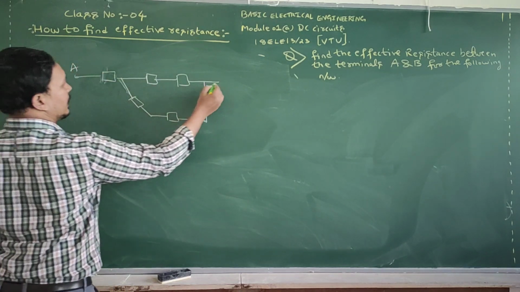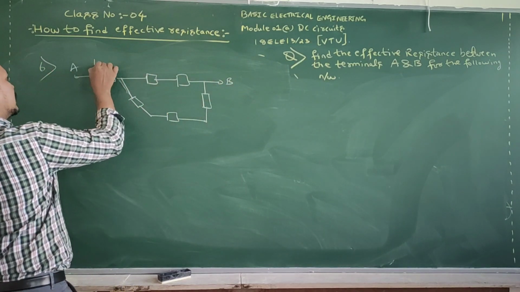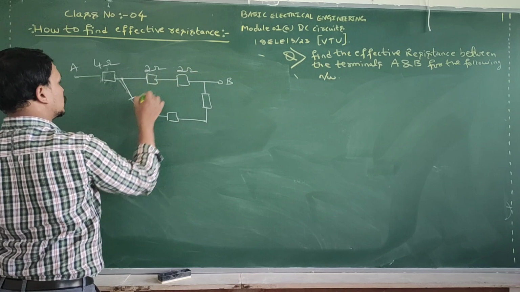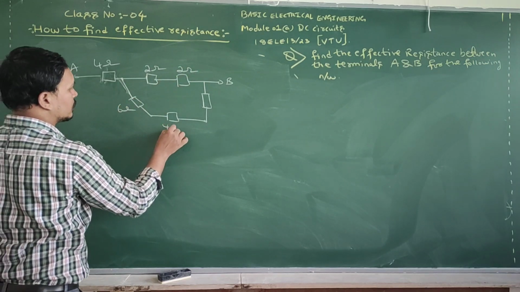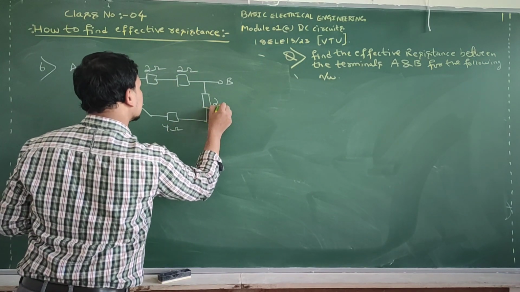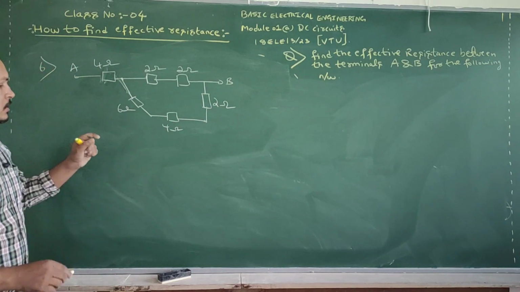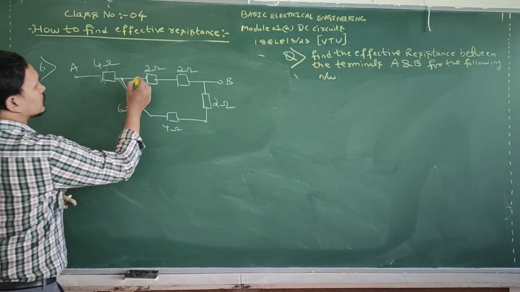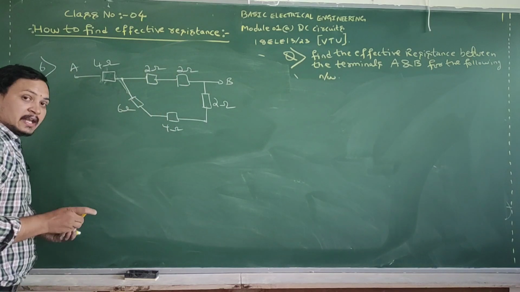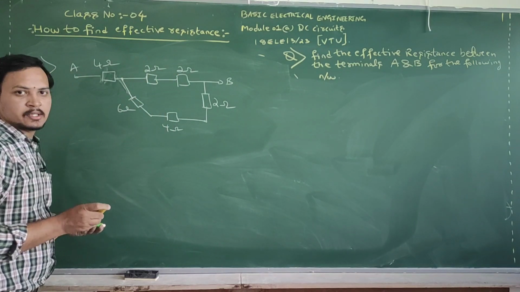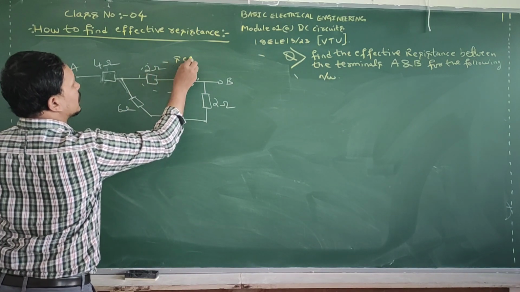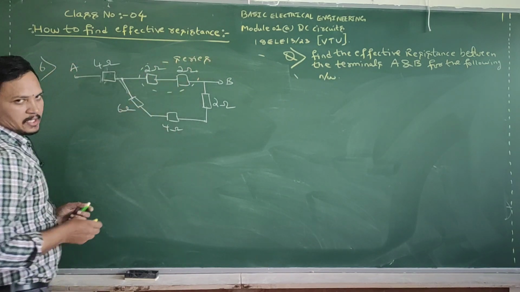So this is terminal A and this is terminal B. Okay, 4 ohms, 2 ohm, 2 ohm, 6 ohm, 4 ohm, and 2 ohm. What is the effective resistance? See guys, 2 ohms and 2 ohms. Is there any disturbance for those two elements? No disturbance. So therefore you can decide these two elements are connected in series.